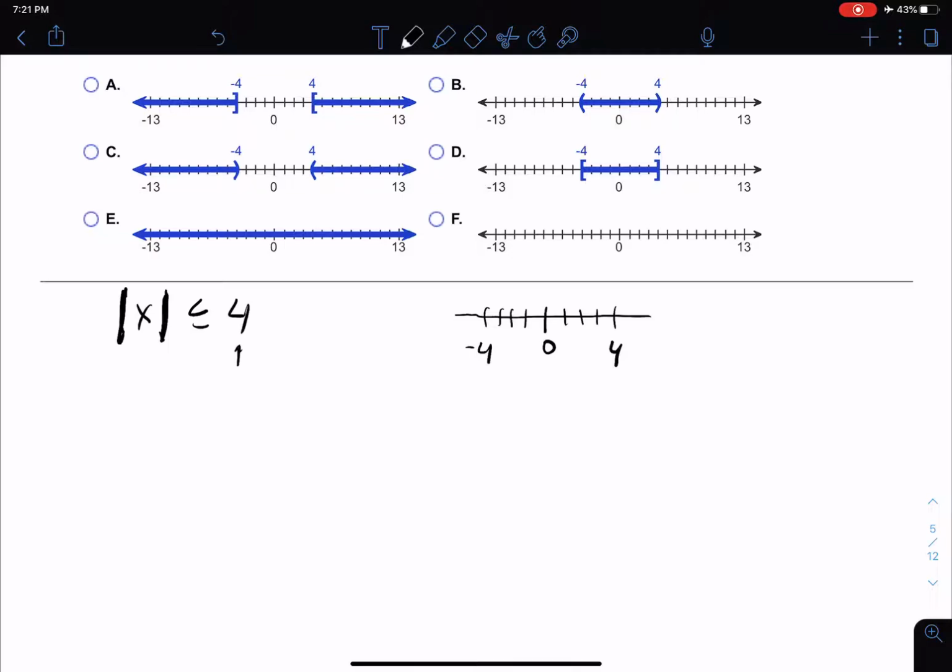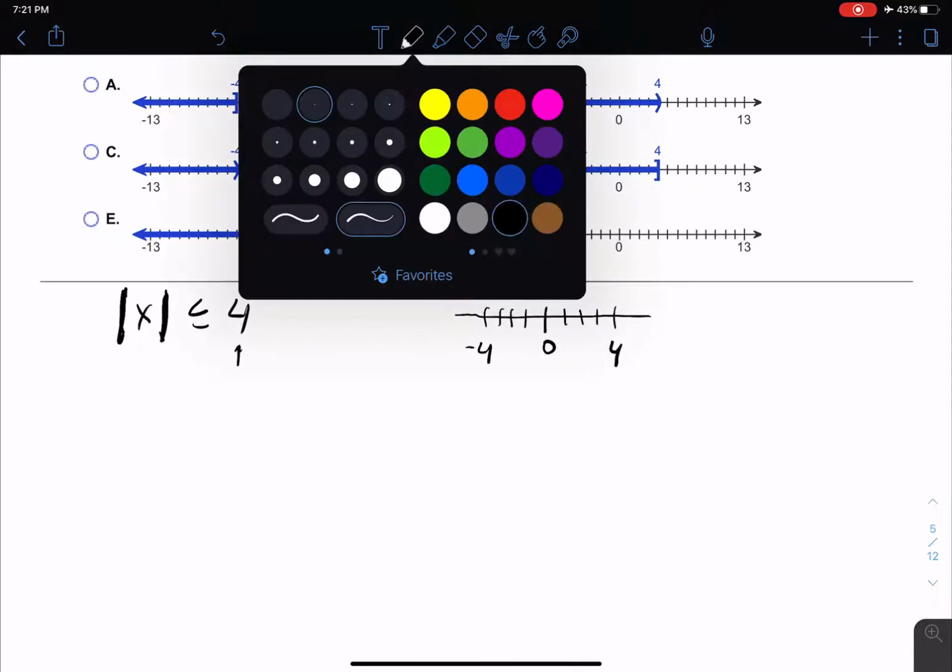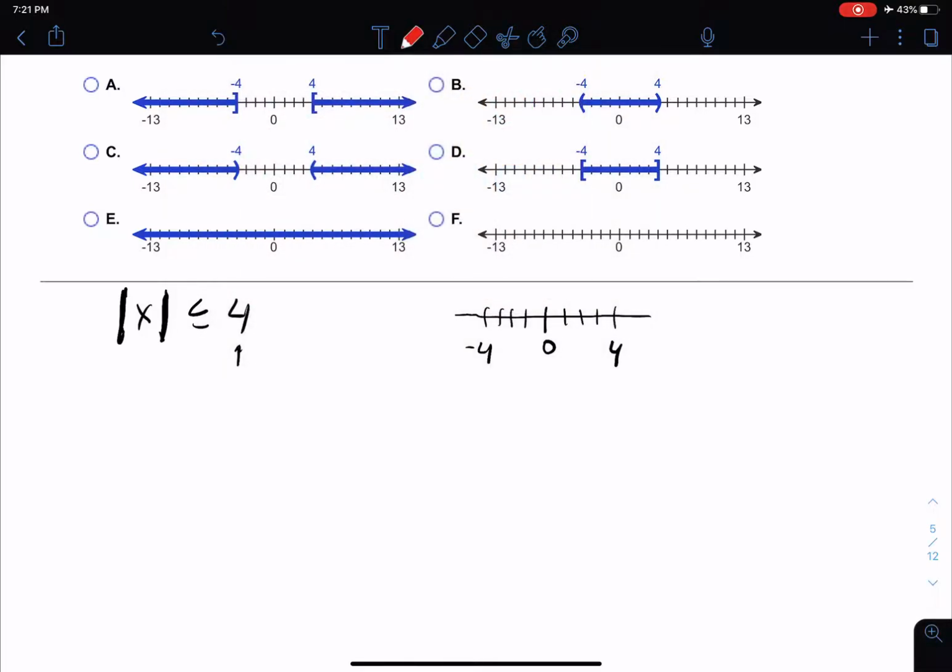But this problem is more specifically saying, I'm looking for these x values that have a distance that's less than 4 from 0. Well, exactly from 0 to 4 is right there. That's exactly a distance of 4. But less than that distance, right? Greater than that distance is out here. We don't want that. Less than that distance is in here. That's what we're looking for.